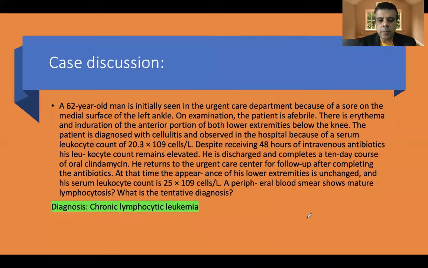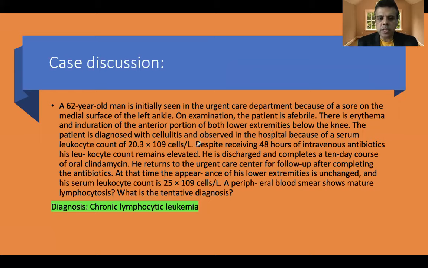So let's wind up the presentation. Let's end with an important case discussion, which will definitely clarify your concepts. A 62-year-old man was initially seen in the urgent care department because of a sore on the medial surface of the left ankle. On examination, the patient is afebrile, with erythema and induration of the anterior portion of both lower extremities below the knee.